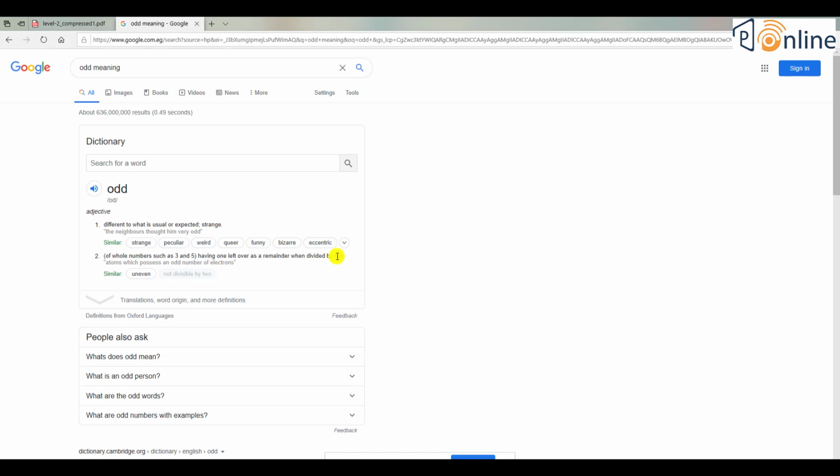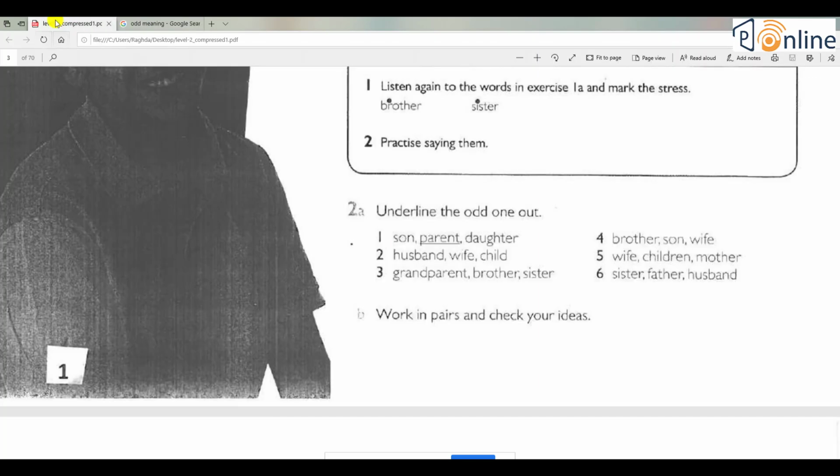But in this case, because it is an exercise, it also has the meaning of the one which doesn't fit, the word which doesn't fit in this group.